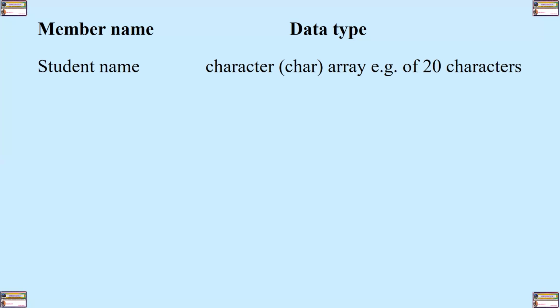The student name, if you're entering names such as Julius, Meme, Jenny, Otieno, Kamau, Salat, Kipngeno, Kimgetich, etc., of course, the name will be composed of letters of the alphabet. That is purely characters. And therefore, the data type will be char, but char of array, for example, 20 characters.